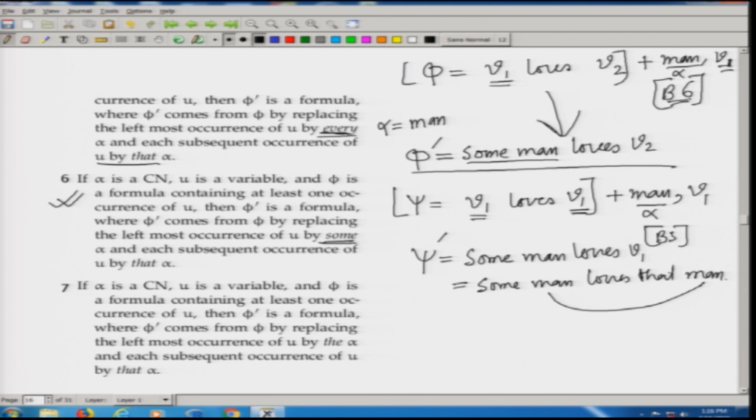It is phi, and phi is V1 loves V2 and all that stuff. What you get here by using B5 is not some, but every man. That is the only difference. You get every man loves V2.